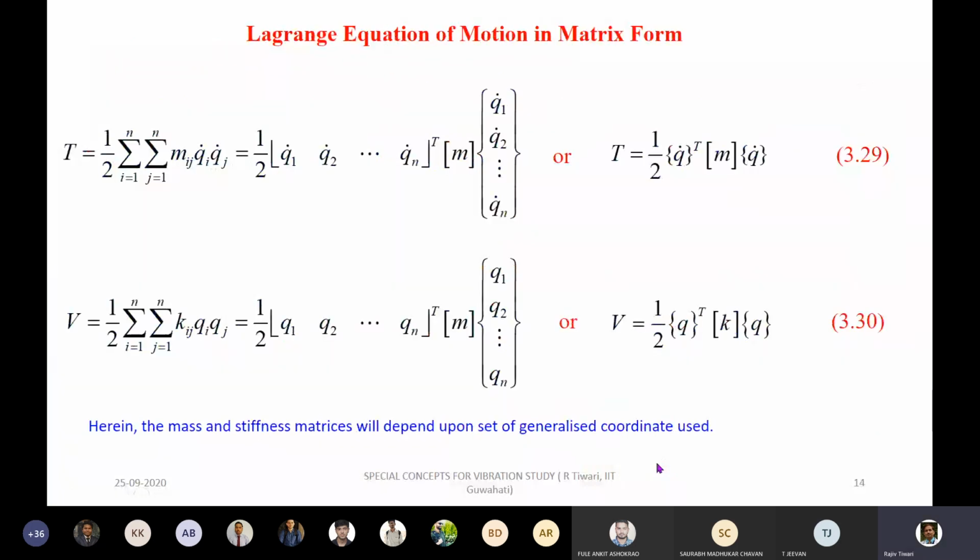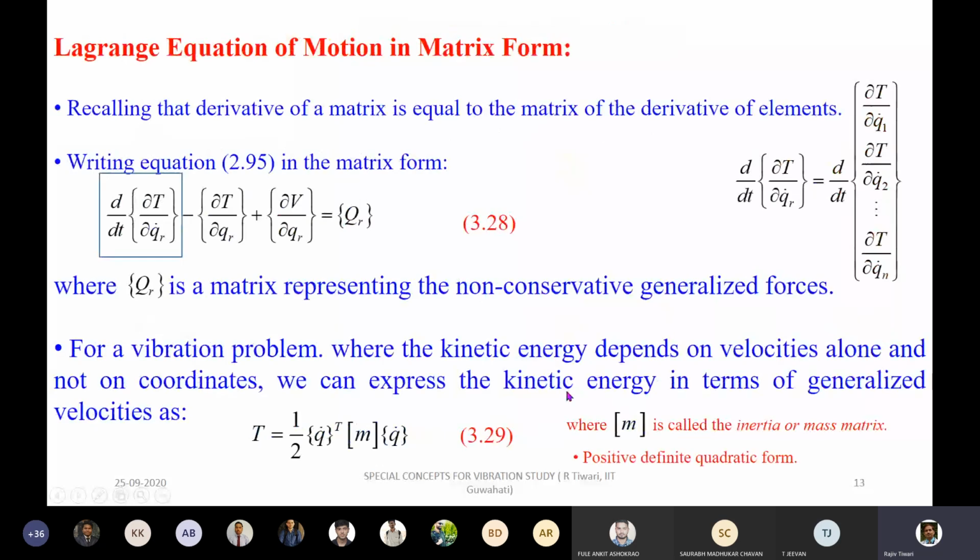So the kinetic energy expression, if you multiply them, we'll get this kind of expression. This is the same expression, shown here in the expanded form.